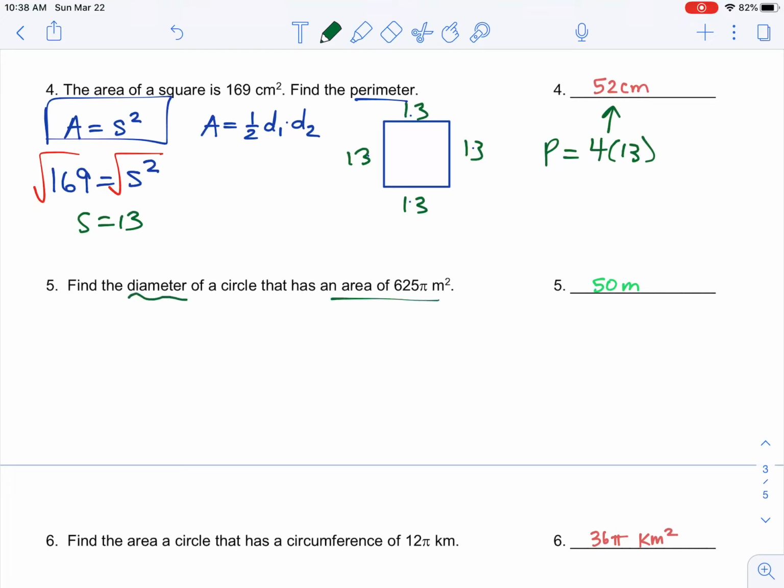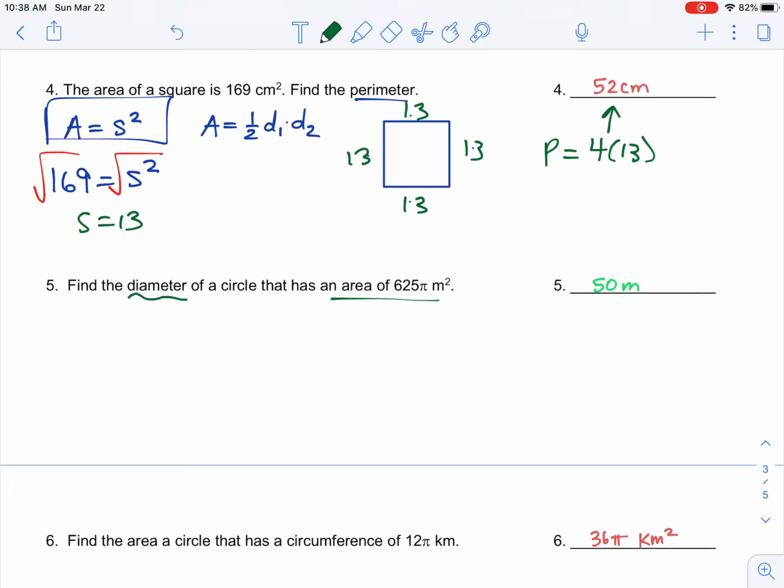Number 8. Let's see. The area of a rectangular garden is 75 feet squared. The length of the rectangle is 15 feet. So that's the length. I'm going to try and find the width, and then I'm going to try and find the perimeter after that. Area is length times width. 75 is 15 times the width.